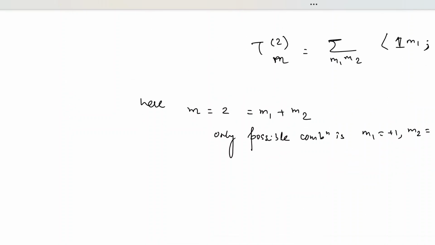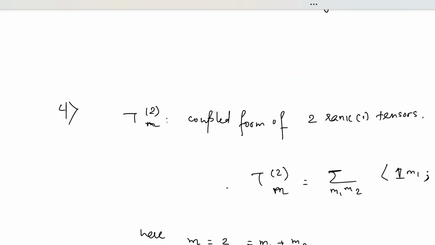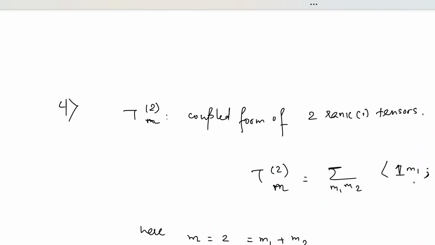So if that is the case, then you have T2 m equal to 2, where you have this part. Because here this will be 1 and 1 and here it will be 2, the selection rule will be satisfied, and this is a CG coefficient whose value is 1, so no need to take that.